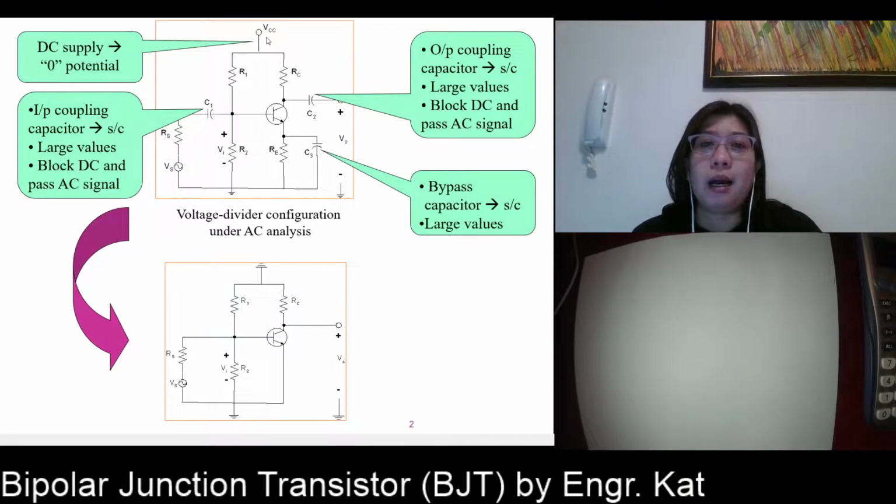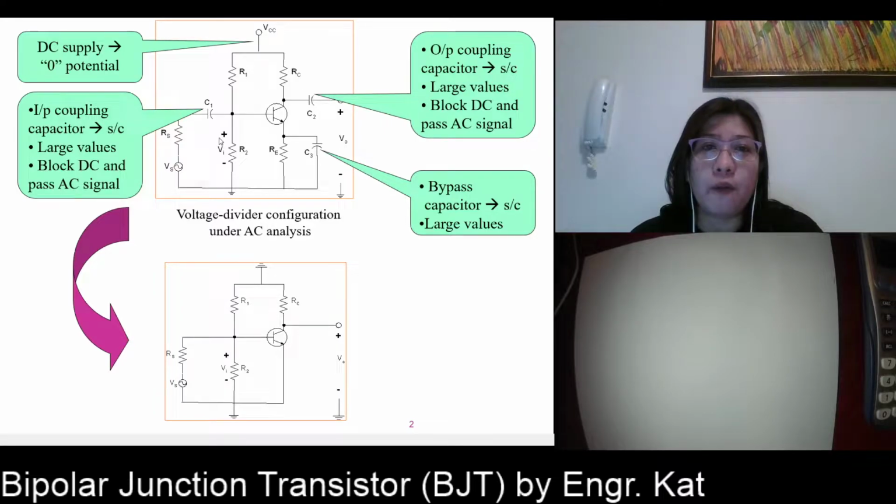And then in DC analysis, these three capacitors here act as an open circuit, but in AC analysis they will be replaced by a short circuit. So how many short circuits are we going to have?